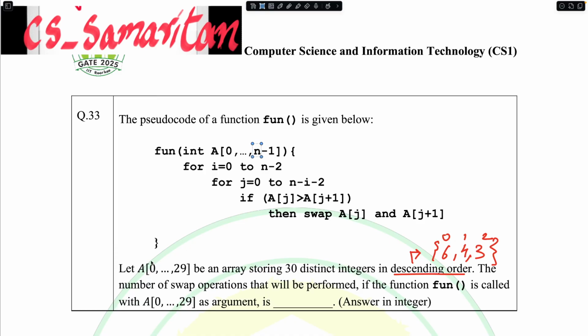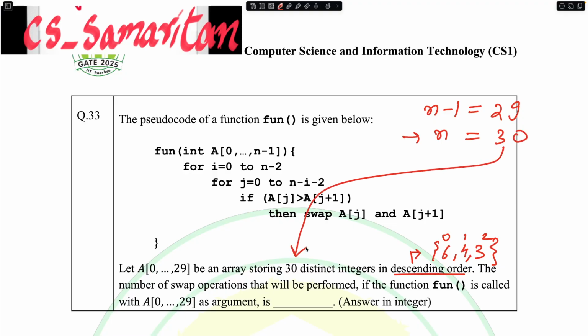From 0 till 29, a similar pattern is present here. If we match these patterns term by term, the last index 29 corresponds to n minus 1. So if n minus 1 equals 29, then n equals 30, and 30 is nothing but the size of our array.